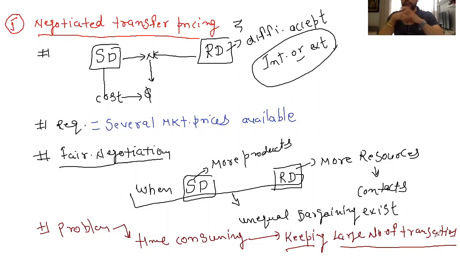You have to record all the information so higher managers can understand what actually happened in the process of determining the transfer pricing, right? So by that reason it requires a lot of time and you have to keep a ton of transactions or lots of documents that we have to use, right?